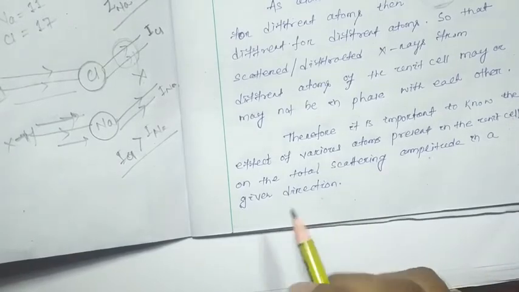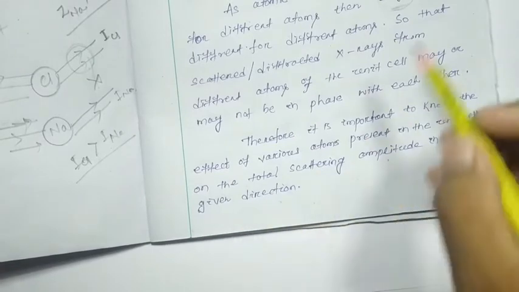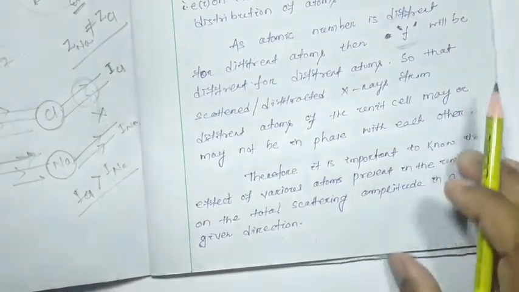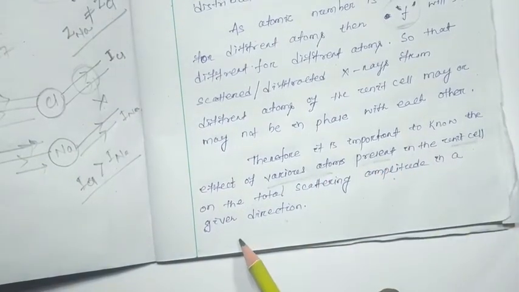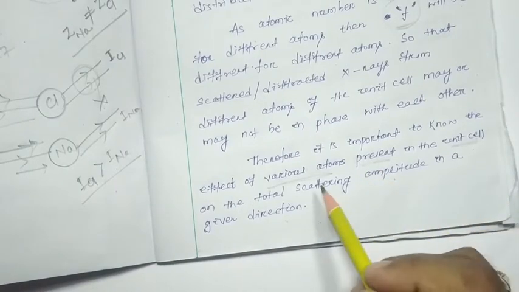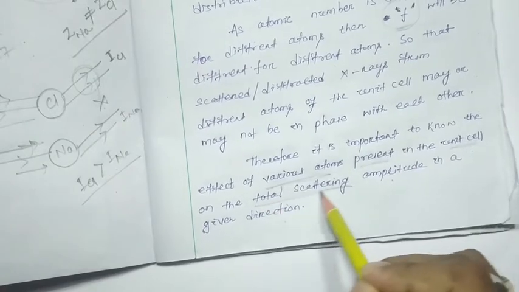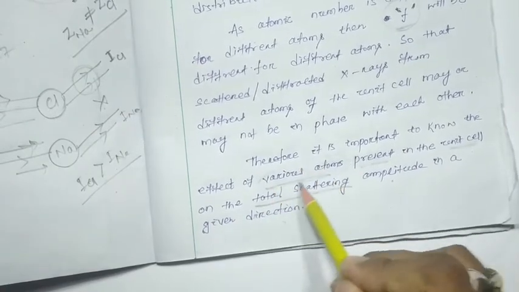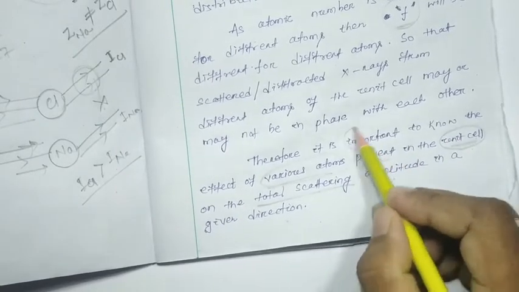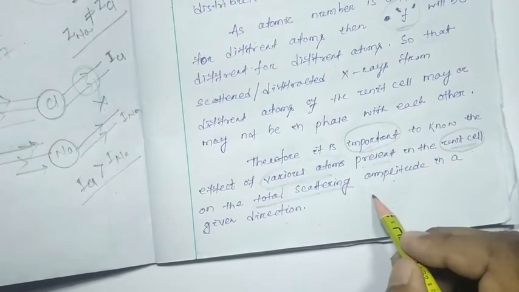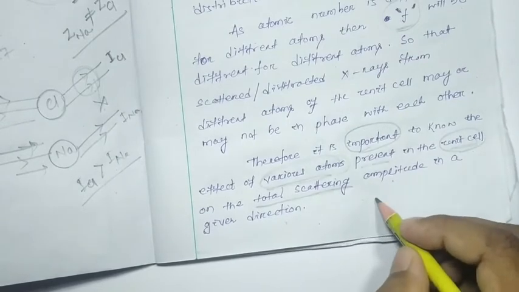So here we can conclude one thing: instead of considering only the atomic scattering factor, knowing the total scattering factor by considering all the various atoms present in the unit cell is important as compared with the atomic scattering factor of an individual atom.